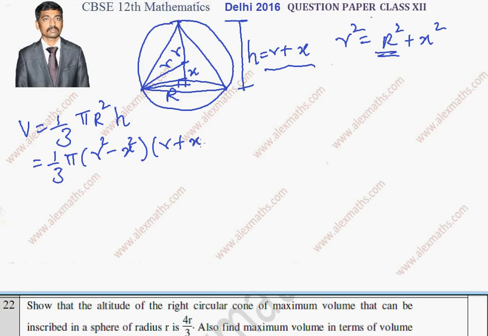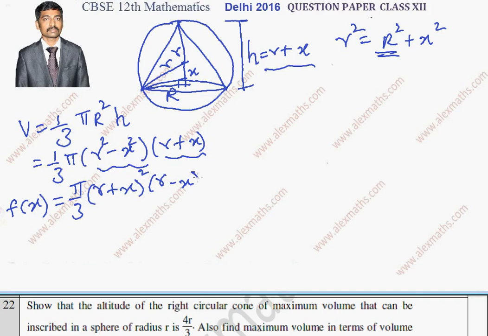So I got f of x in terms of r and x, where r is the constant. Further we can factorize this. So this is pi by 3, this is r plus x into r minus x. Already there is an r plus x. So r plus x whole square into r minus x.